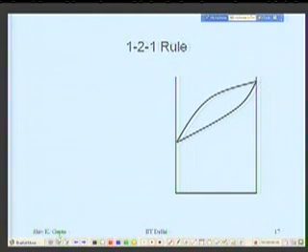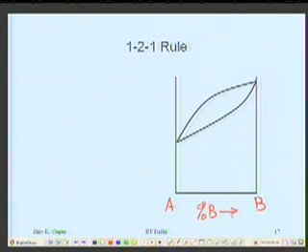Now I have told you about the phase rule, the tie line and tie line rule, and the lever rule. I told you about another rule, what is called the 1-to-1 rule. In the phase diagram, you draw any constant temperature line. Let's say this is A, B, percentage of B there, temperature here.